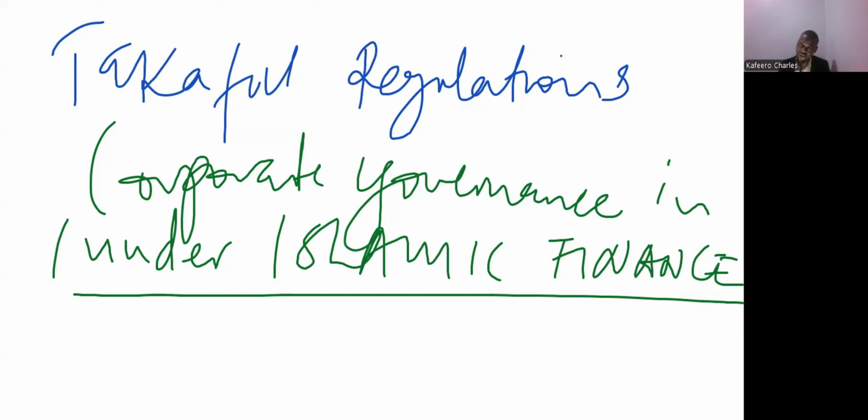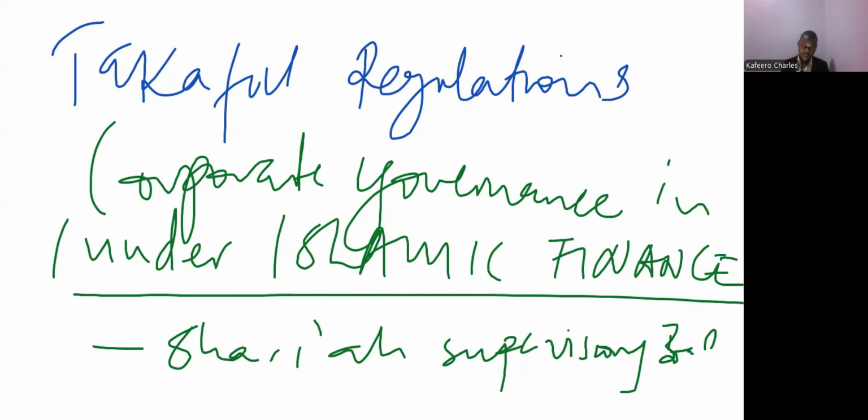So since it is an institution, corporate governance is supposed to be there. For any institution, if you don't manage it well, you'll find the organization is going to collapse. So we are going to be looking at the Sharia Supervisory Board, because it will be the body looking at how the organization is supposed to be run.